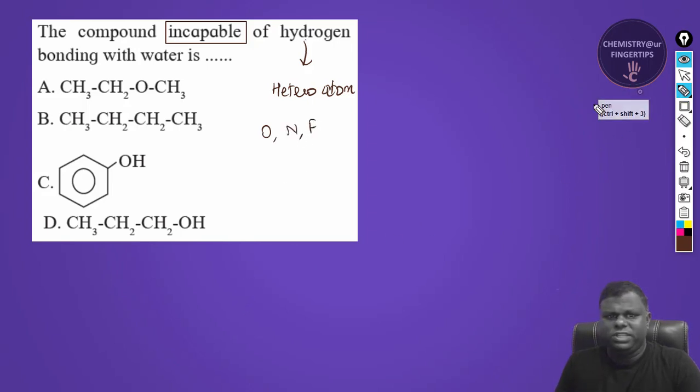If you look here, this particular compound can have hydrogen bonding with water. Water is going to be HOH, right? So there could be hydrogen bonding over here, here also, and here also. The only option that does not contain any heteroatom is option B, so the correct answer is option B.